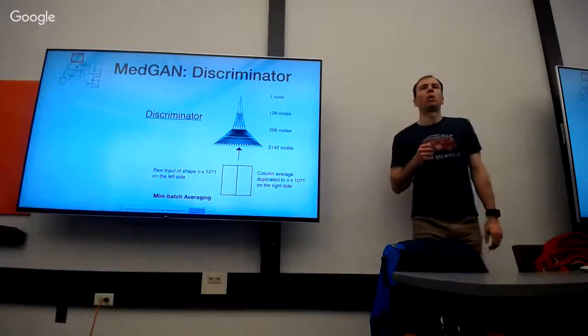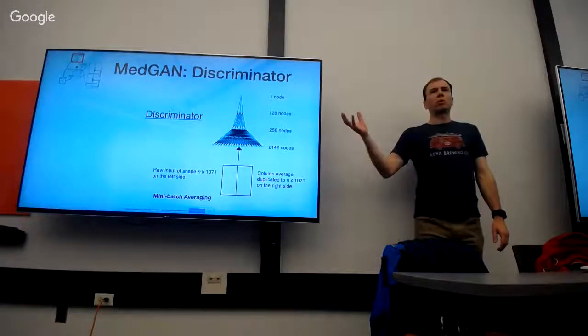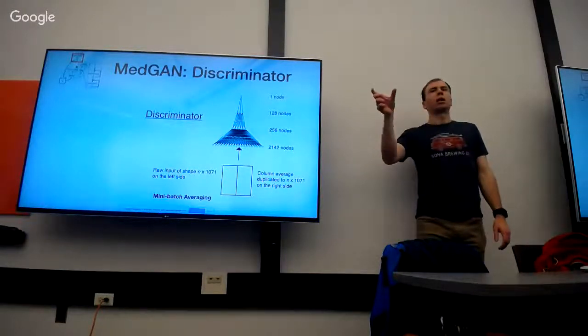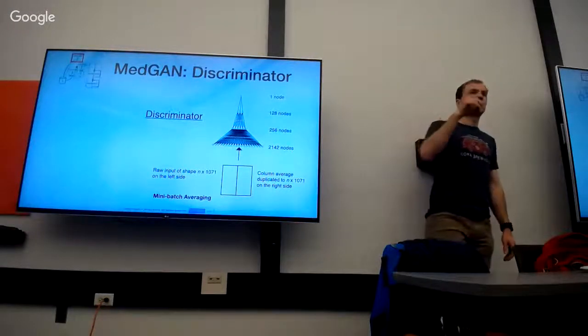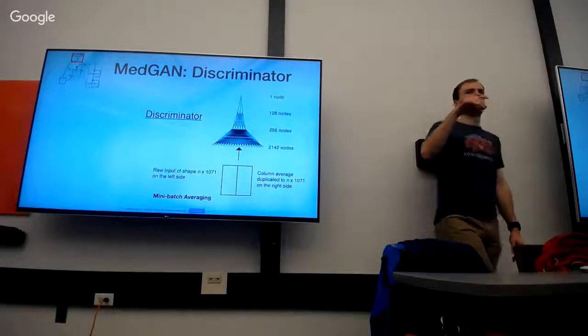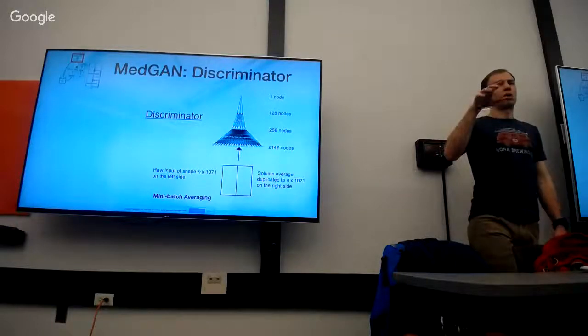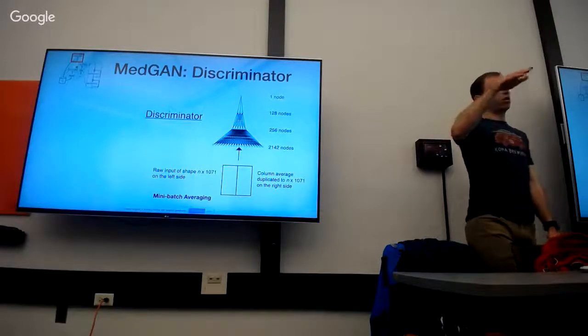So basically, they're inputting this double-wide matrix into the discriminator, and the reason is that with the mini batch averaging, they're trying to maintain the sparsity of the columns.